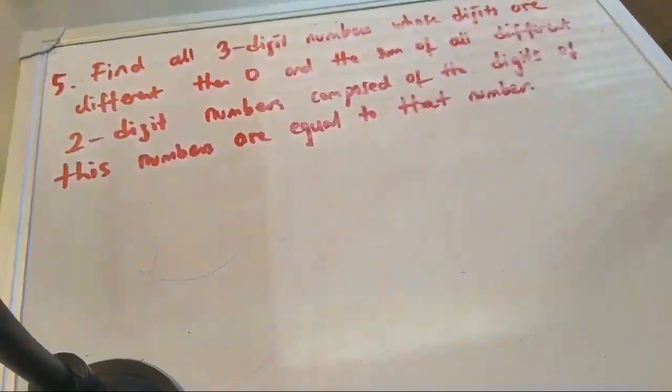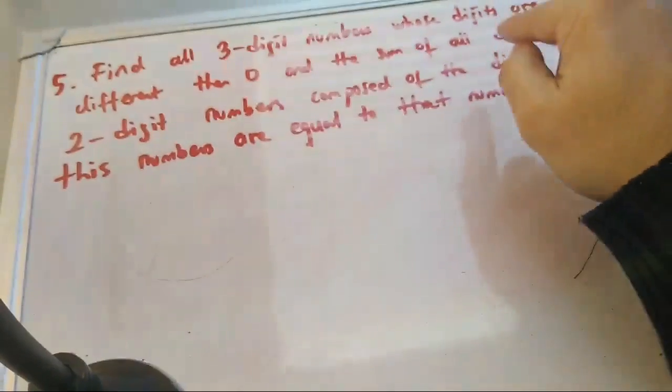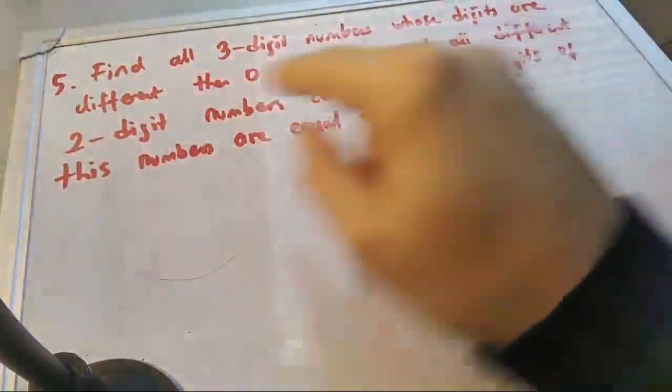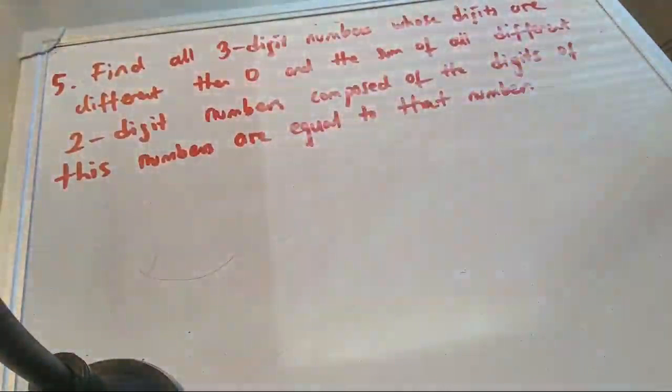Let me read the question loudly. Find all 3-digit numbers whose digits are different than 0, and the sum of all different 2-digit numbers composed of the digits of these numbers is equal to that number.